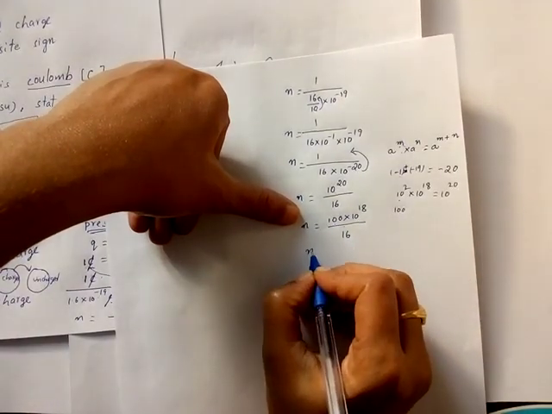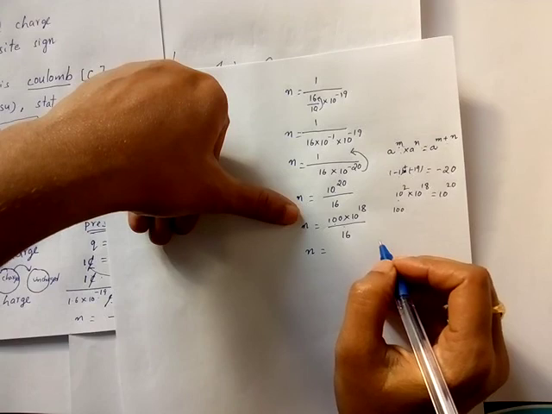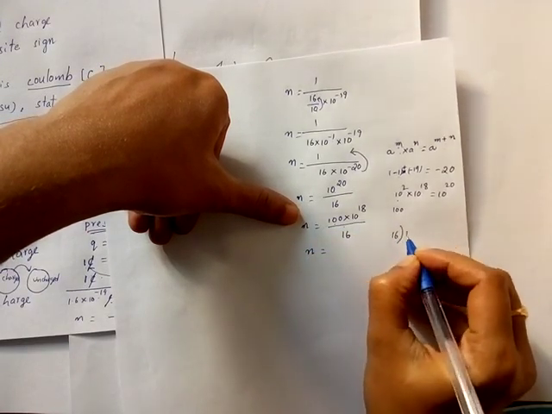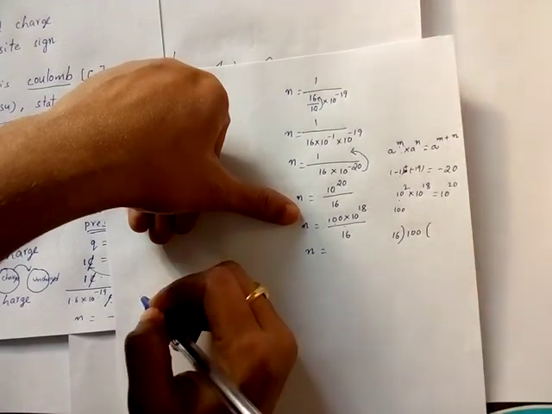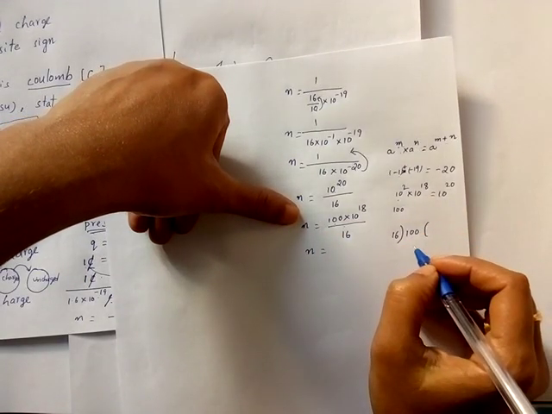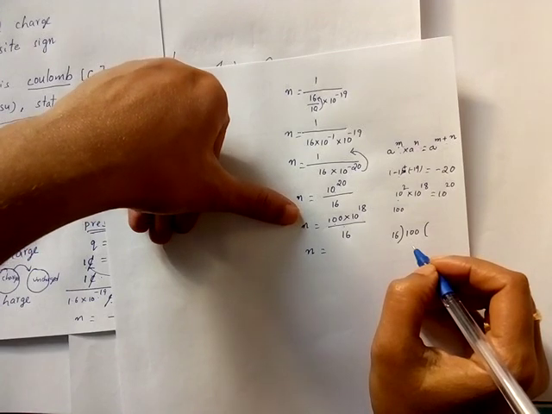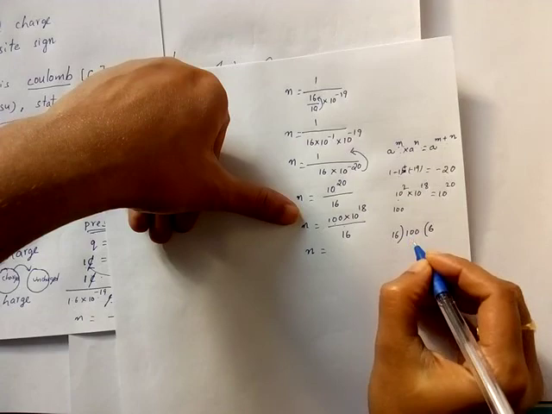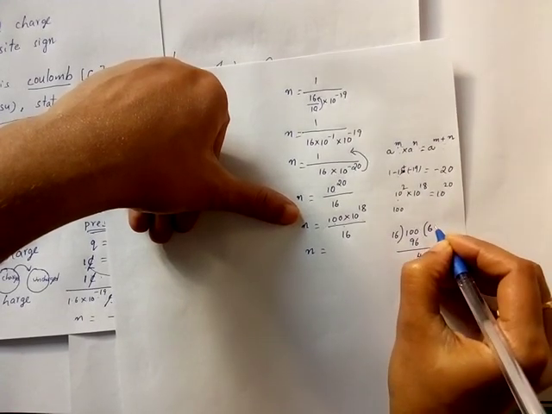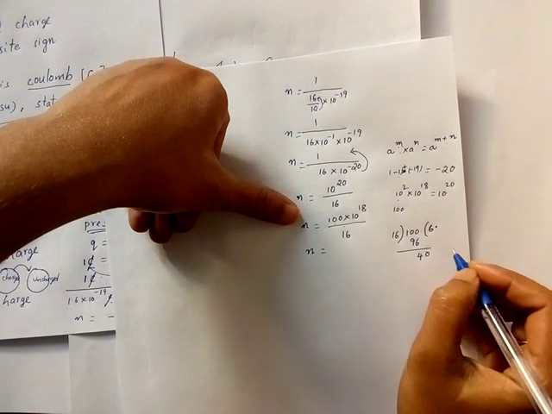16. So in 16 you can cancel 100. 16, 100 if I cancel. So 16 5s are how much? 80. So 16 6s are 96. 4 is remaining. I'll take point and 0.